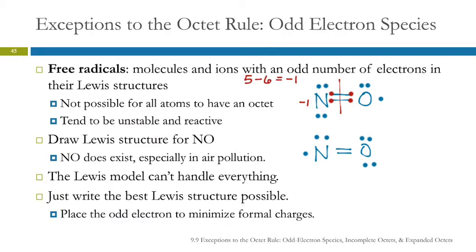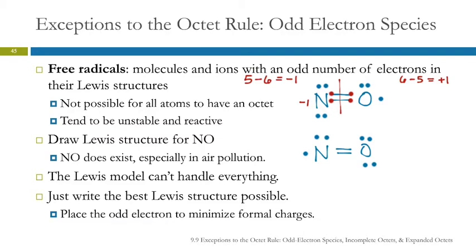Over here, oxygen has 6 valence electrons coming in as a single atom. If we split up this molecule, dividing these shared electrons evenly, we've got 2, 4, 5. So it's leaving with 5 electrons, and its formal charge is plus 1. Does that make sense? So we've got a positive and a negative formal charge. They add up to 0, which is the overall charge on the molecule. So we did our formal charges correctly.